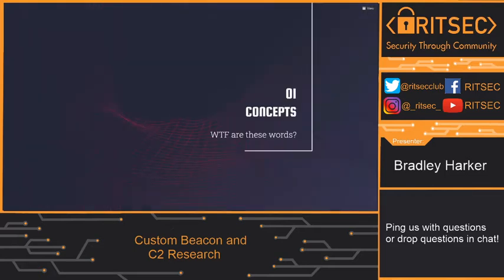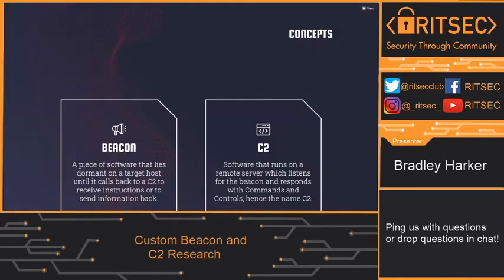Honestly, when I went into this, I didn't really know what any of this was. I was vaguely familiar. Apparently a beacon is just a piece of software that sits on a target host, and it will call back to the C2 every now and then, just to tell it that it's alive and listen for some instructions.